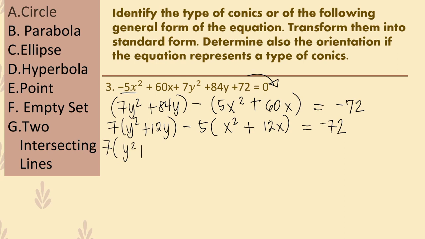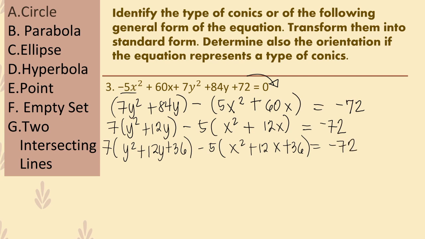Y squared plus 12y. So, divide lang natin yung coefficient ng middle term. 12 divided by 2 is 6. Then, 6 squared is 36. Minus 5 times x squared plus 12x. So, plus 36 din to. Is equal to negative 72.